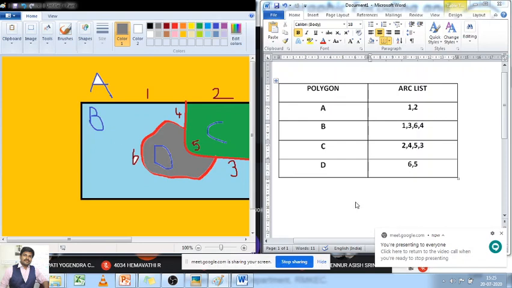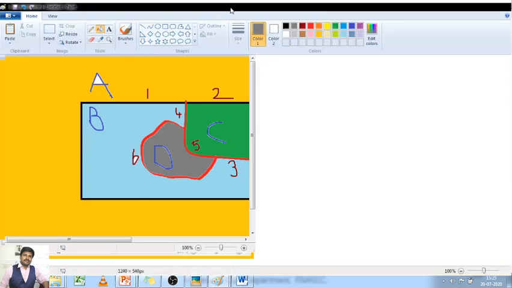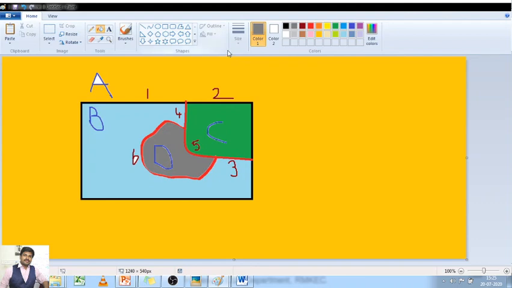Okay, so now another example. I will give you a simple diagram. What you do is try to give me the arc list alone. No need for left polygon and right polygon. I will give you a simple diagram. You just give me the arc list for all the 4 polygons. So watch carefully. I hope it is visible.